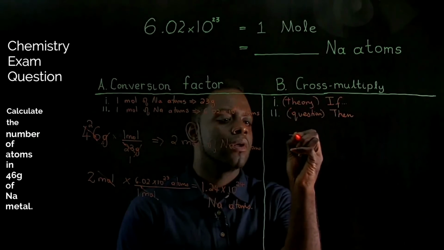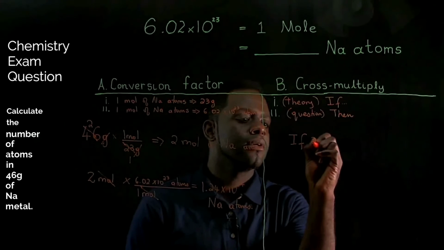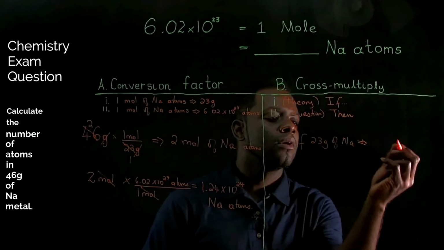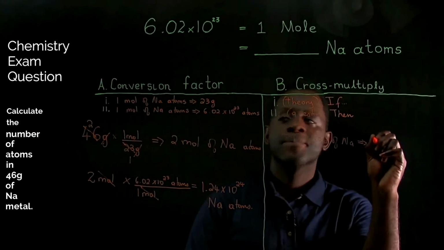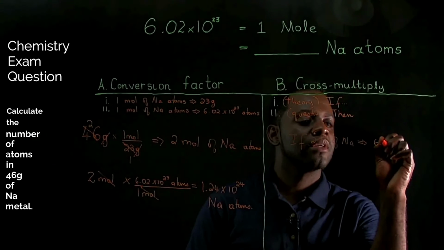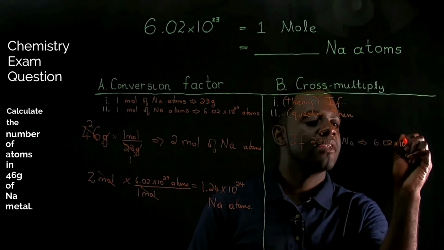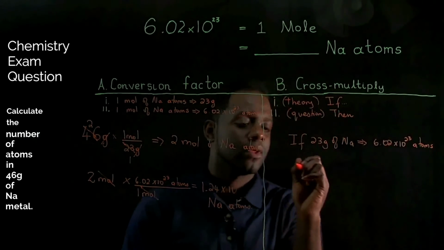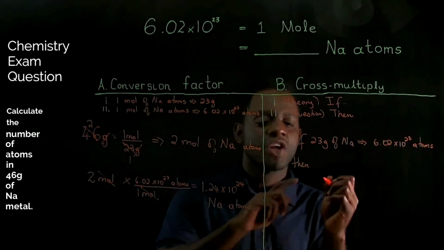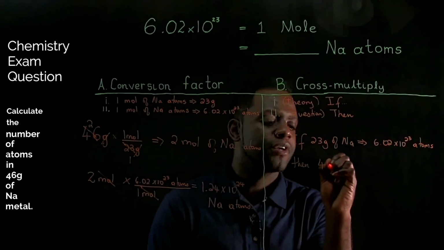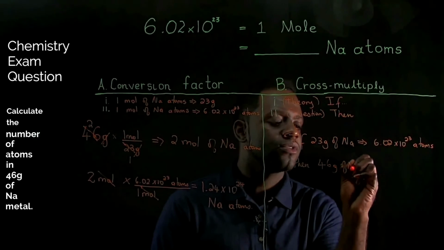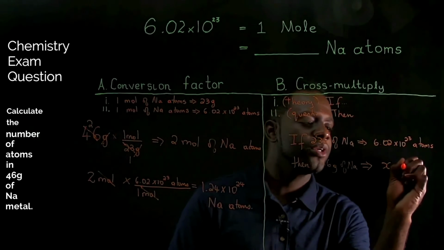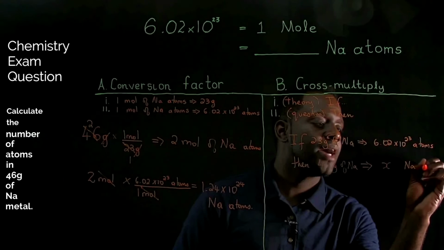So if 23 grams of sodium has 6.02 times 10 to the 23rd atoms of sodium, then, and this comes from the question, 46 grams of sodium contain an unknown amount of sodium atoms.